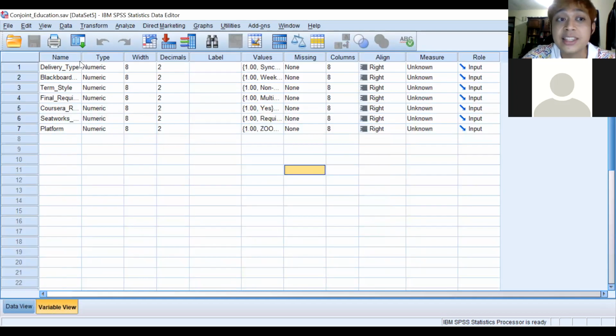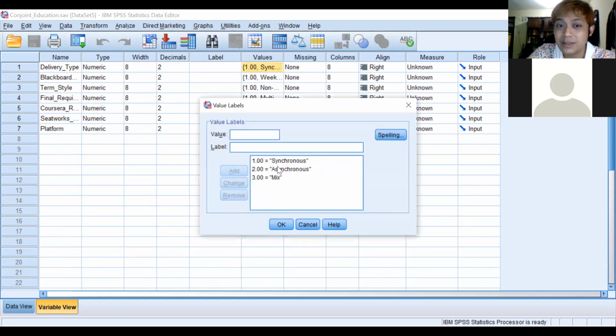So this is the one that I mentioned before, right? The delivery type, the Blackboard style, the term style, the final requirement, the Coursera, and then the SeatWorks, and then the delivery platform, the online delivery platform. This is just a name, it's up to you. Later on you can always double check.